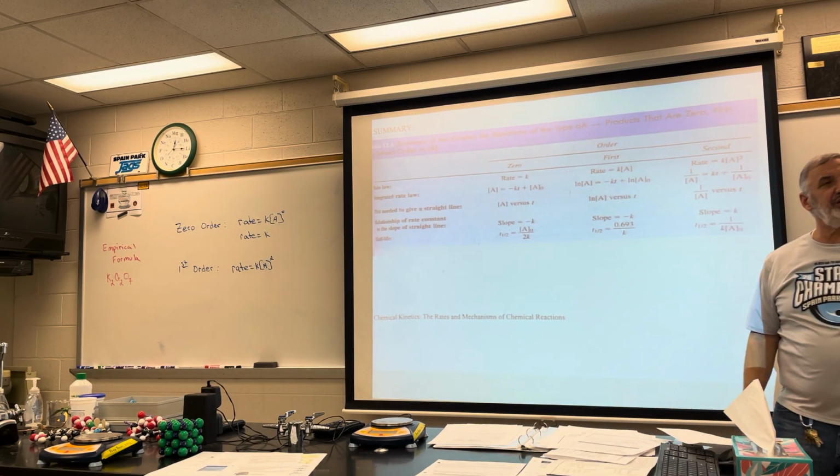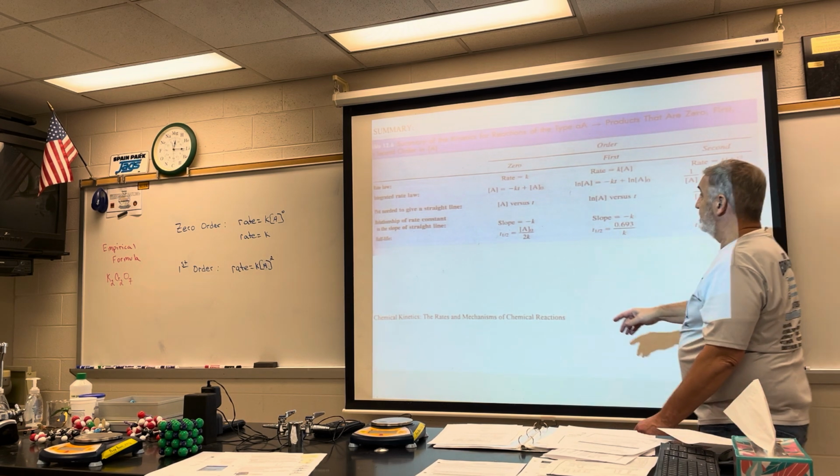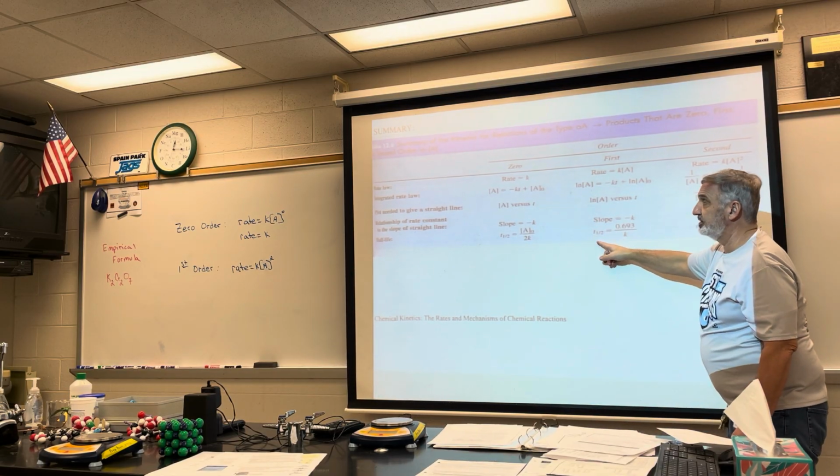K is always going to be a positive number, K is never a negative number, but the slope can be positive or negative. And then the half-life, this equation right here is given to you.